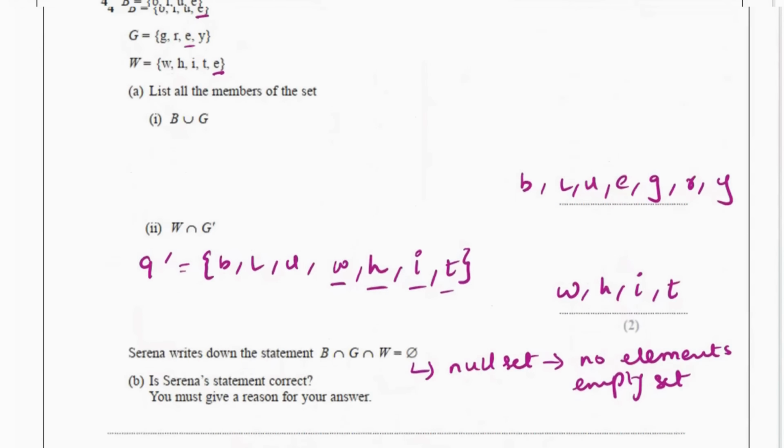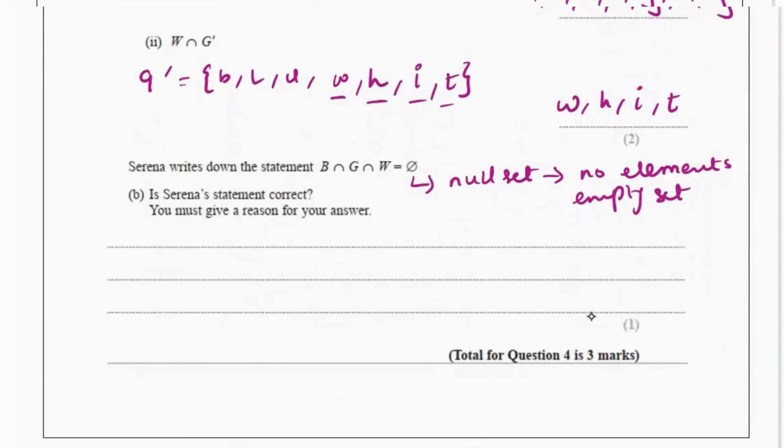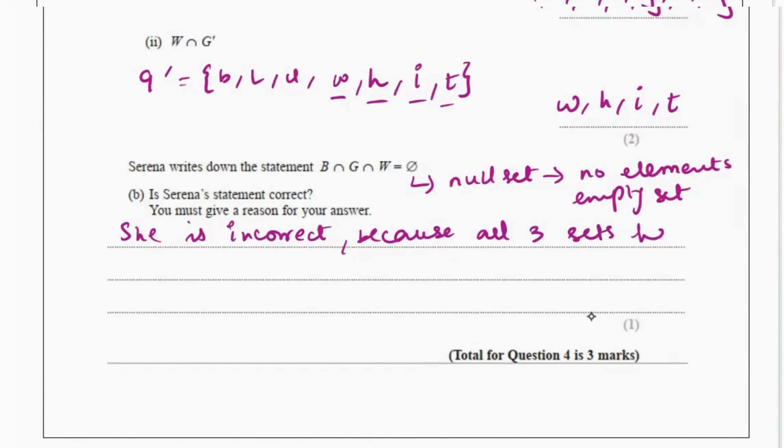So it cannot be a null set. She is incorrect because all three sets have E in common. That is your answer.